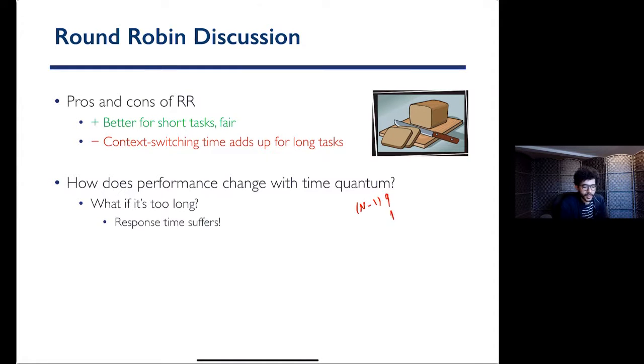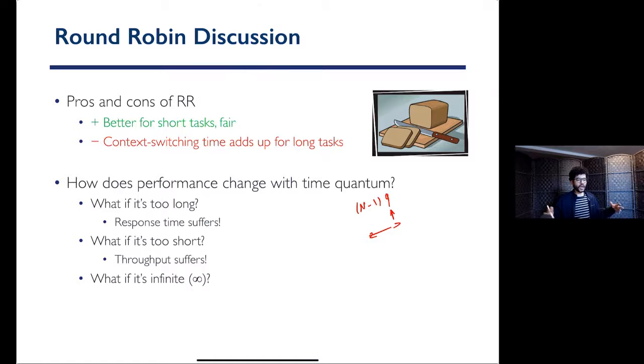So if I increase this q, then your wait time is going to increase. And if your wait time increases, then your response time is going to go down. So if you're a short task, you're going to suffer. If it is too short, then throughput suffers, as we discussed, because we're going to spend a lot of time on context switching, and that's bad. That's going to make our throughput worse.